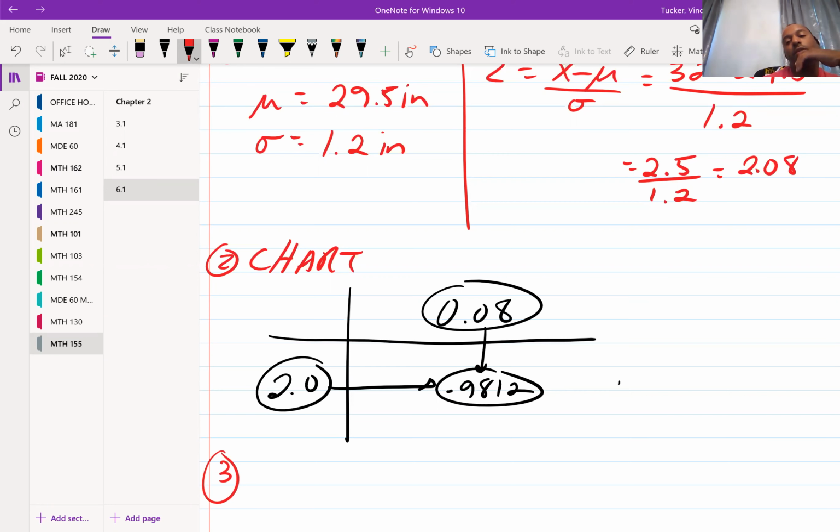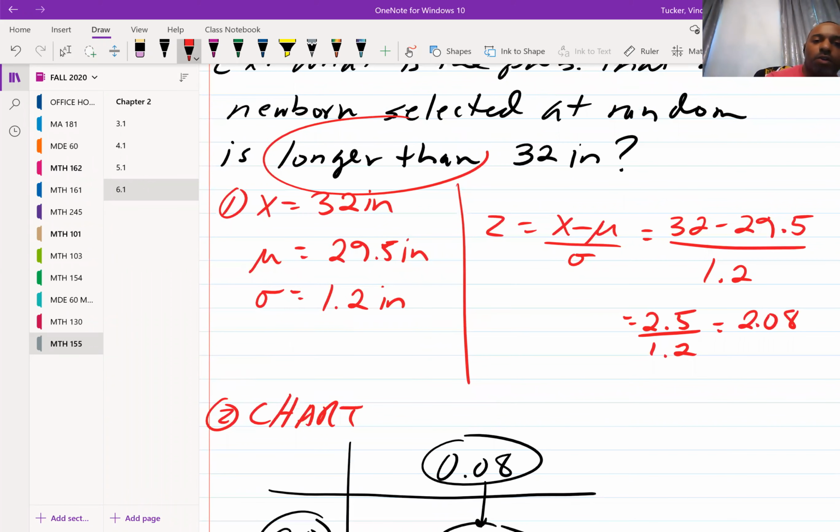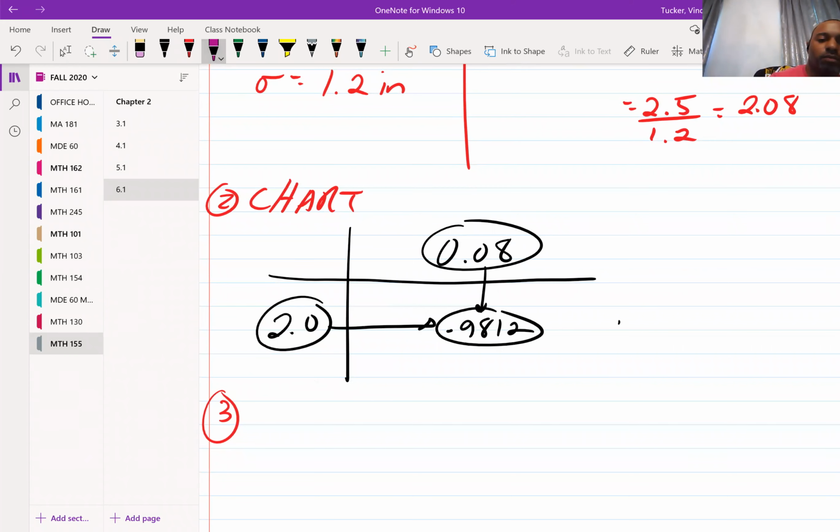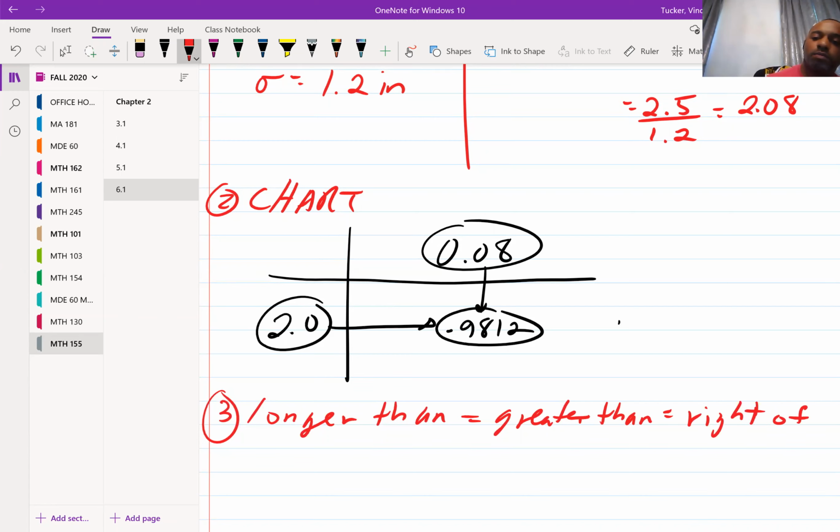All right, so now we need to come to our conclusion. Our key phrase here is longer than. Longer than is the same thing as greater than, which is also the same thing as to the right of it.